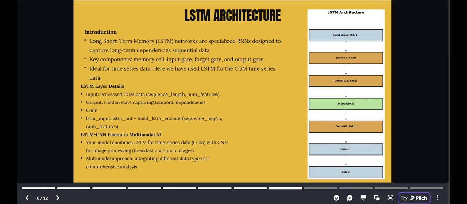The architecture took the processed CGM data with shape 98,1 as input, and processes it through an LSTM layer with ReLU activation, which was followed by the dense layer and dropout for regularization. This structure effectively captures temporal dependency in glucose monitoring data.